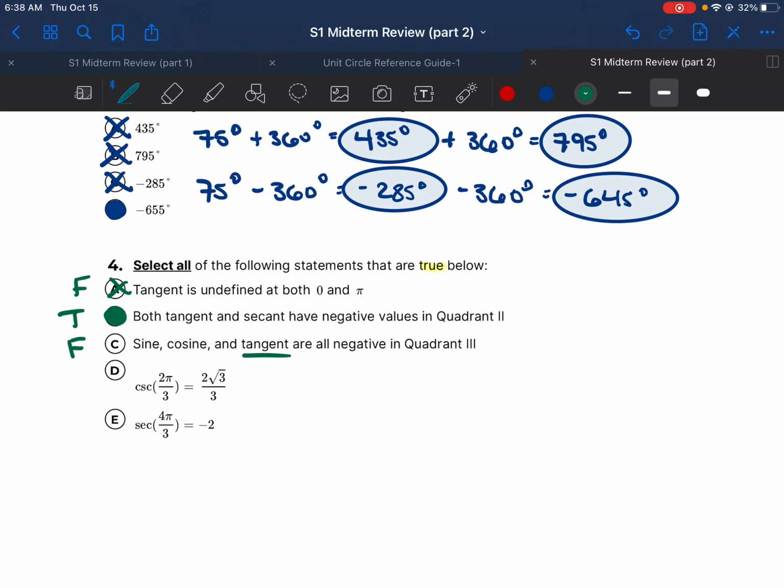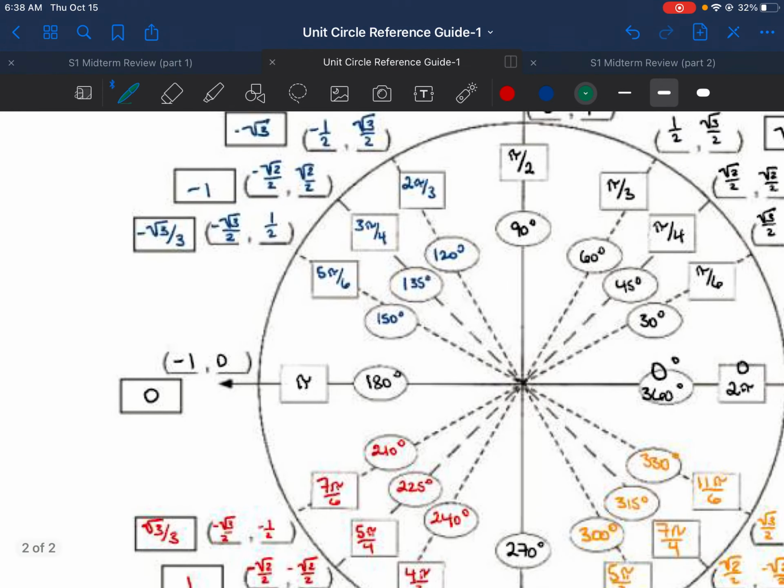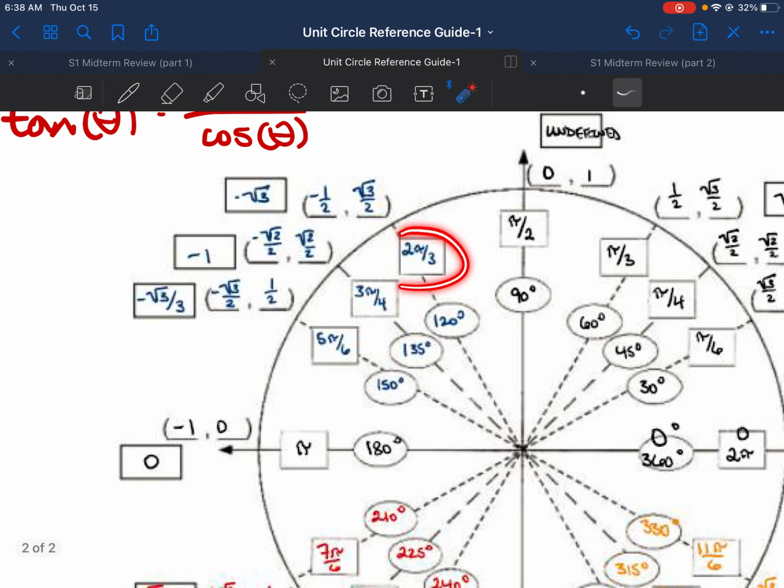All right, looking at statement D, cosecant of 2 pi over 3 equals 2 root 3 over 3. Well, one thing we know about cosecant is that it's the reciprocal of sine. So all we need to do is find the sine of 2 pi over 3 and then take its reciprocal. So let's look at 2 pi over 3, which is right here on the unit circle. The sine of 2 pi over 3 is square root of 3 over 2.